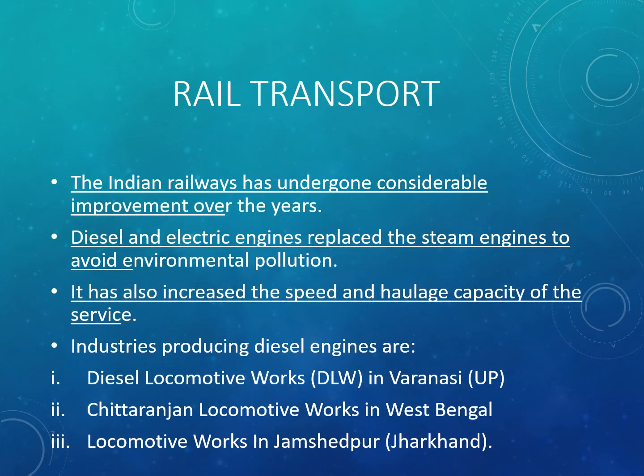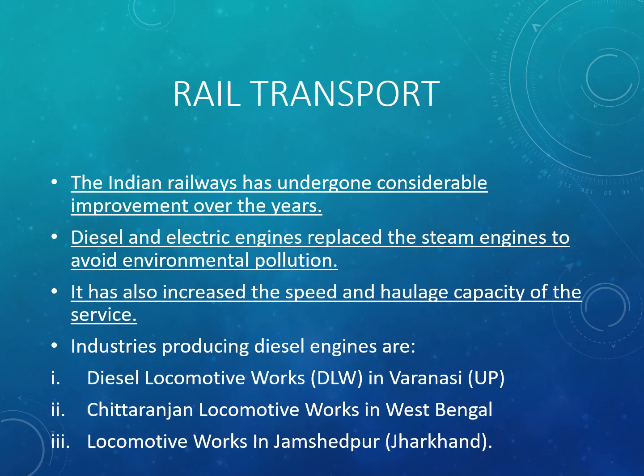The Indian Railways has undergone considerable improvement over the years. Diesel and electric engines replaced the steam engines to avoid environmental pollution. It has also increased the speed and haulage capacity of the service.